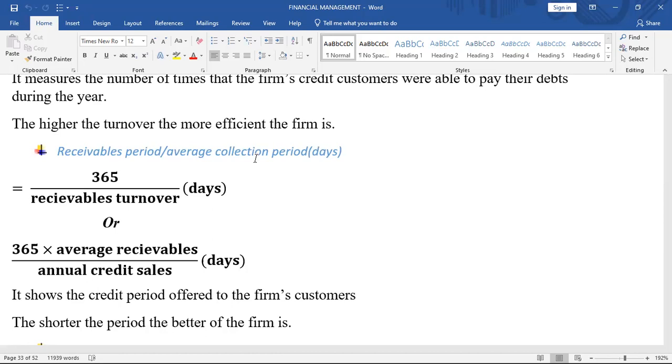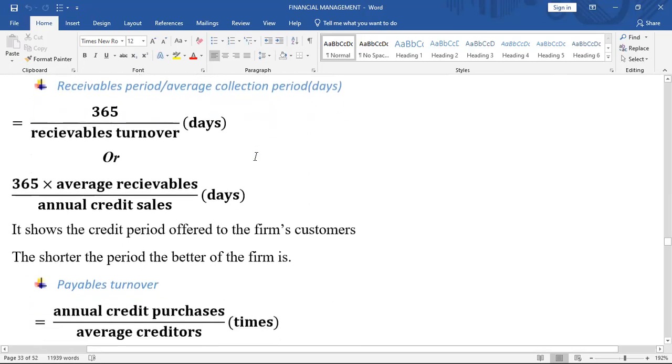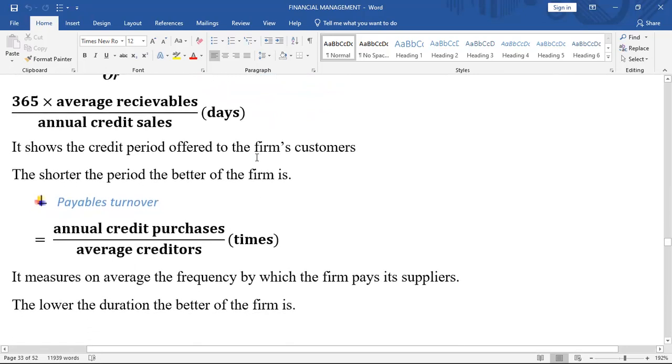For the receivables period, we take 365 and divide by the receivable turnover, or we take 365, multiply by the average receivables, and divide by the annual credit sales, given in days. It shows the credit period offered to the firm's customers. So the shorter the period, the better for the firm, because it will be able to get back its resources as early as it can.